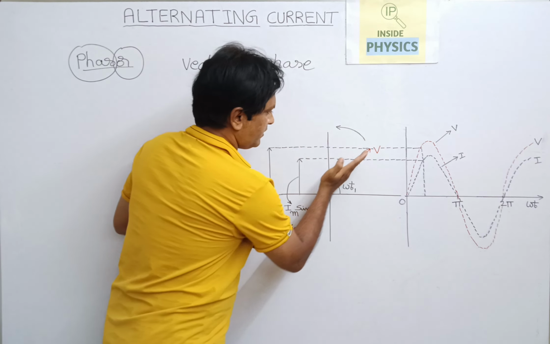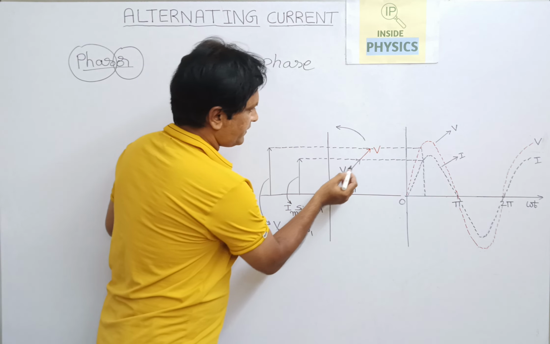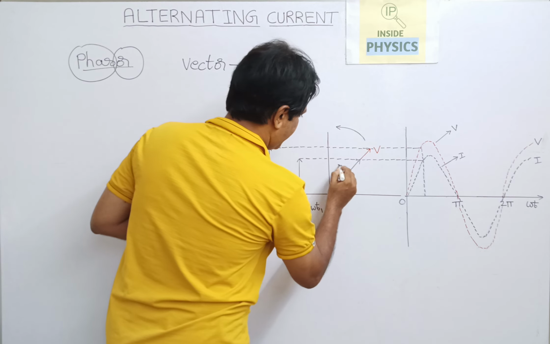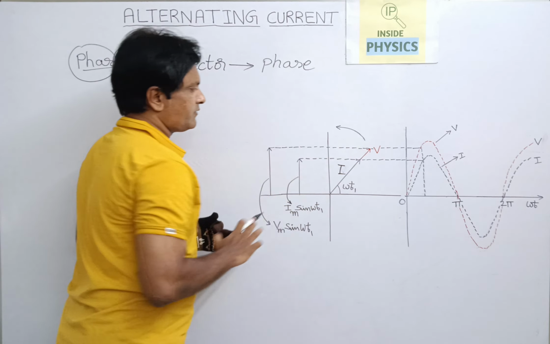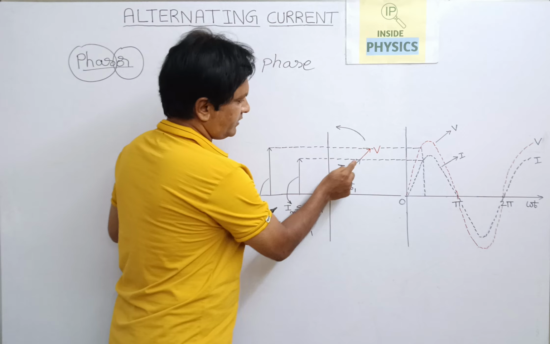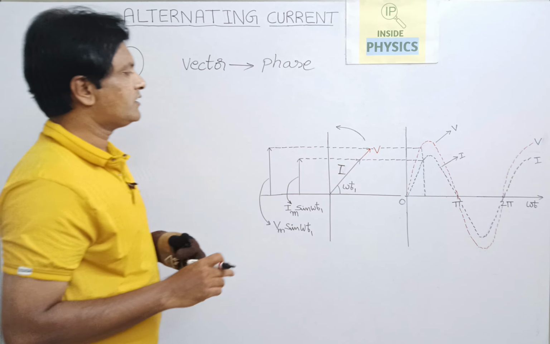This is the voltage vector and this is the current vector. Both are in the same line, that's why they are shown in a single line.